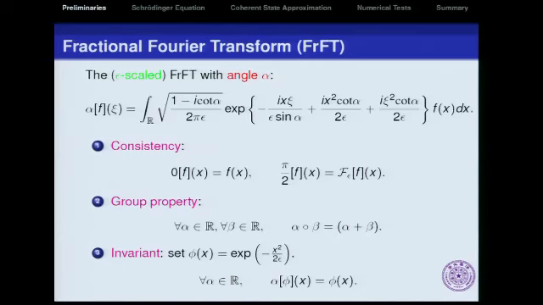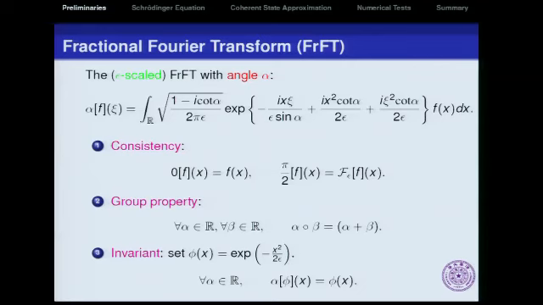Fractional Fourier transform, you can think of it as some kind of interpolation of the identity operator and the Fourier transform operator. It's defined like this, and here alpha is a real parameter. It in fact has a geometric interpretation. It's related to an angle, how you rotate the phase space.